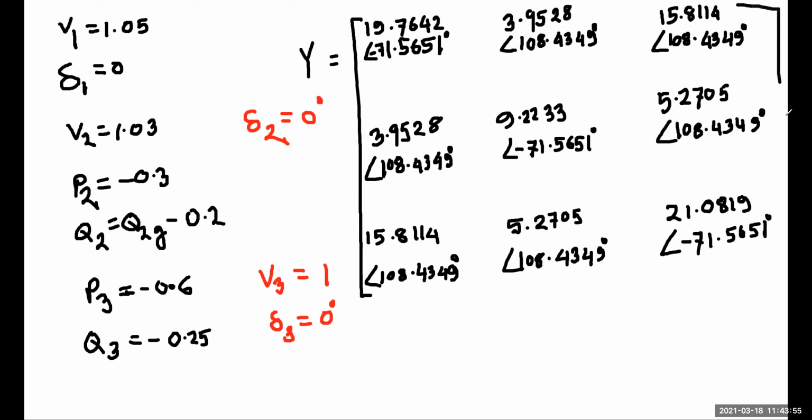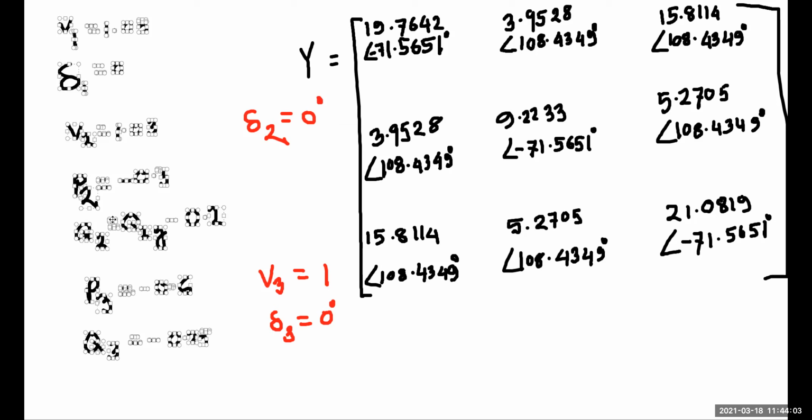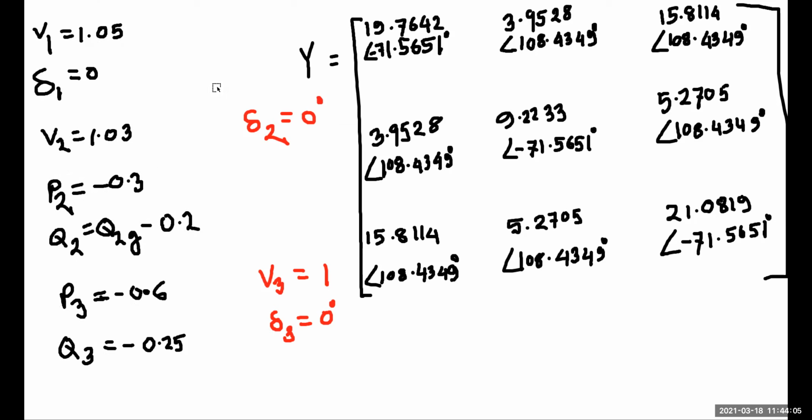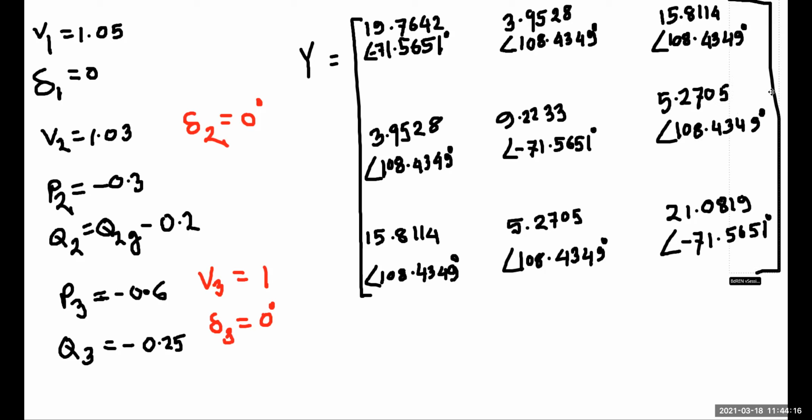So your Y bus is completed. You can see this is your Y bus. As you can see, it is a huge value. So I'm going to keep them here, so that we can write something here. So this is your Y bus. So Y bus is complete.